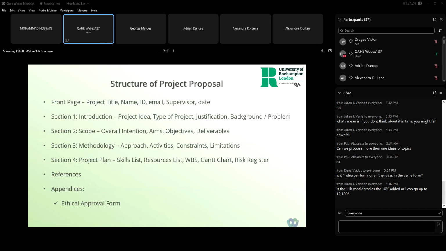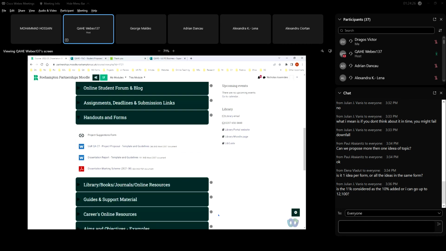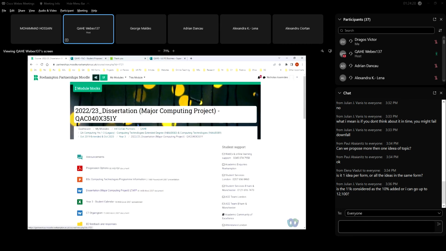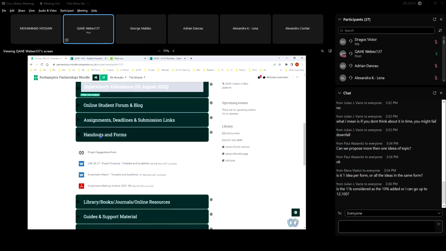Now, if I take you back onto Moodle, and I scroll down to where it says handouts and forms, the second item in there is project proposal, template and guidelines.